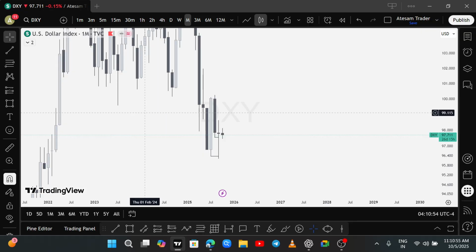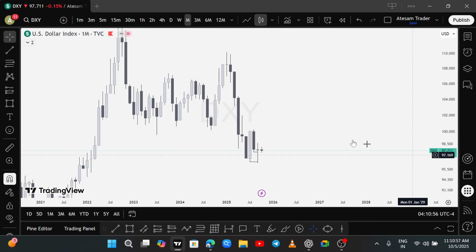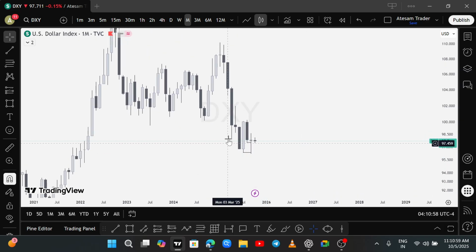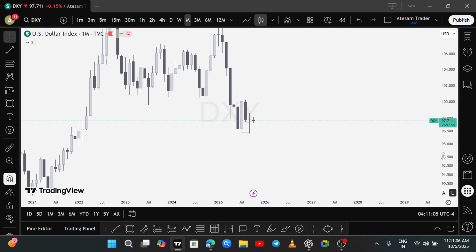We were expanding to the downside, and this is basically a consolidation move, expansion to consolidation, and one side of the range has been taken.